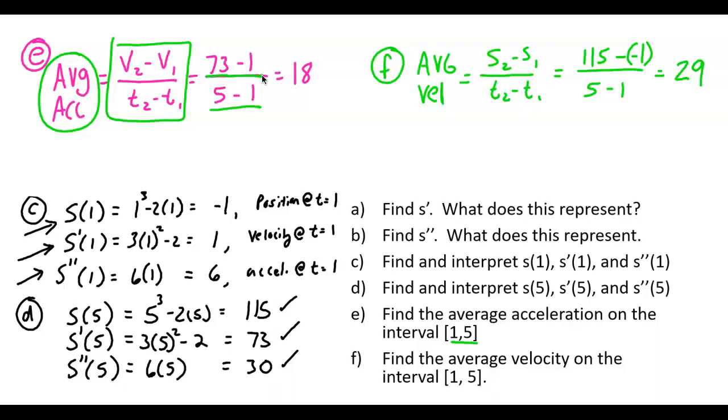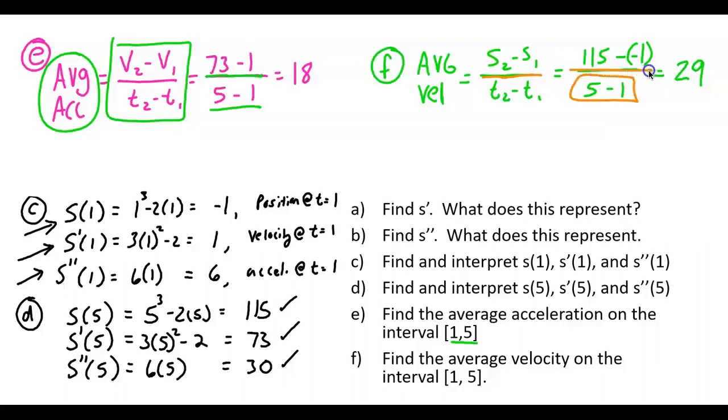Part F is actually a flashback question to last class's lesson. It's asking for average velocity. Whereas average acceleration is v2 minus v1 over t2 minus t1, average velocity is s2 minus s1 over t2 minus t1. S is position. So you do your second position minus your first position and divide that by your t2 minus t1. Once again, our time values are 5 and 1. At t equals 5, my position is 115.